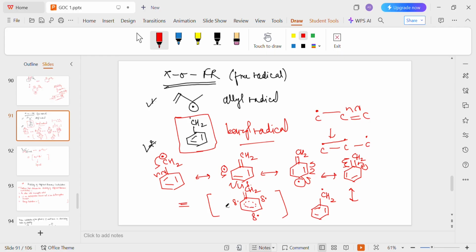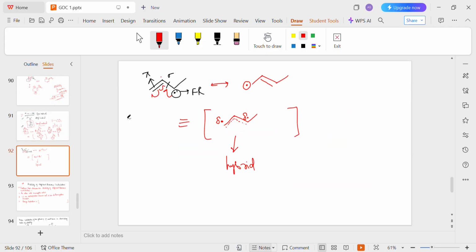Now we have completed the different cases of delocalization. This was the last case left, and we have seen two different examples dealing with this delocalization. I hope you are thorough with this delocalization concept.